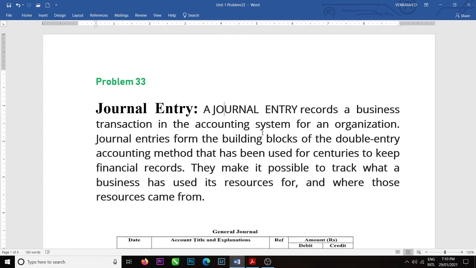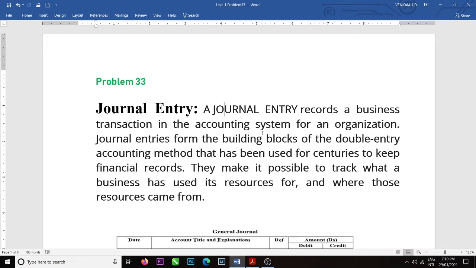Before journal entries, the transactions are the raw material, and that was converted into journal entries, meaning processed with the types and rules of accounting. They make it possible to track what a business has used its resources for and where those resources came from.